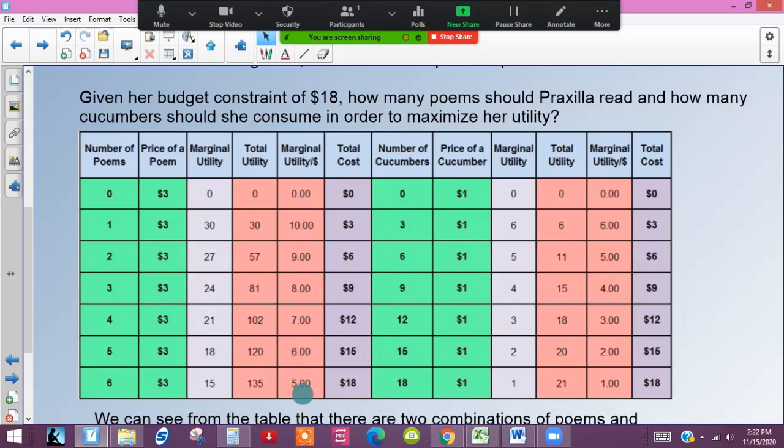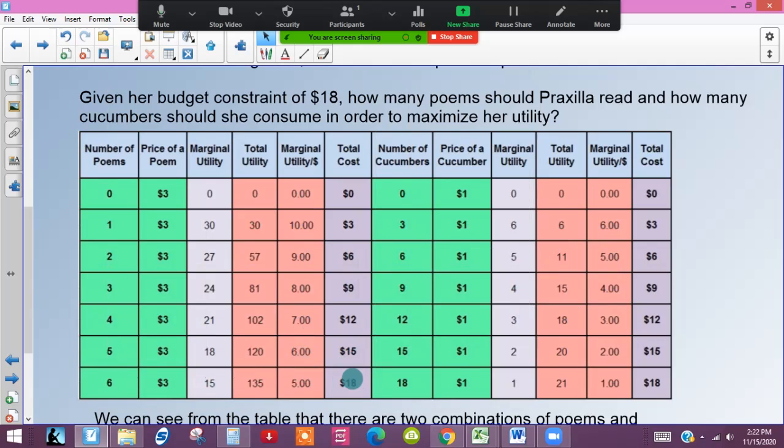Now, if we look down below here, we can see that the marginal utility per dollar is also the same here and here, right? So why isn't this our answer? Well, because the price of reading 6 poems here is $18.